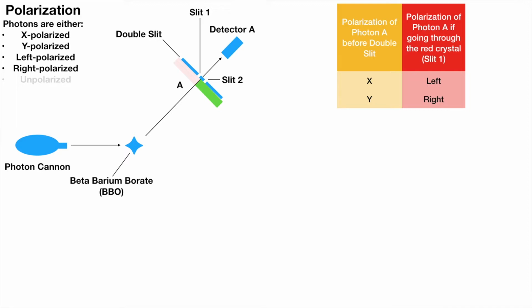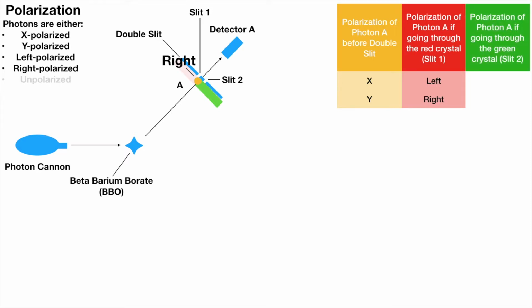This green crystal is set up so that it has exactly the opposite effect from the red crystal. Let's say an incoming photon is X polarized. When it passes through the green crystal, it will be right polarized afterwards. And of course, a Y polarized photon passing through the green crystal will be left polarized.